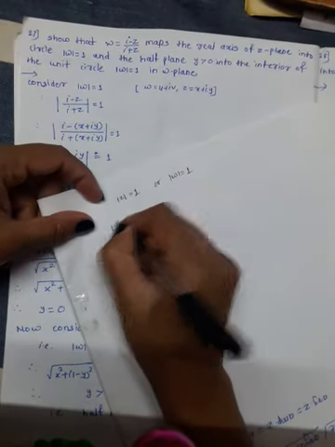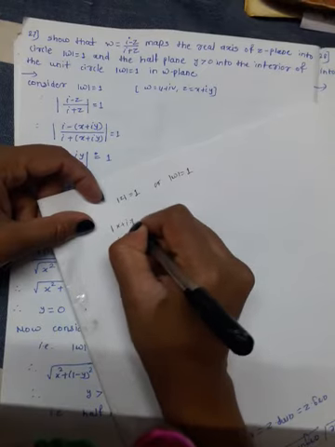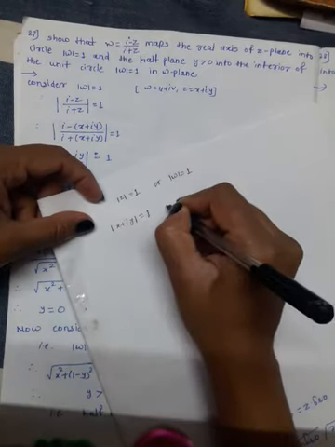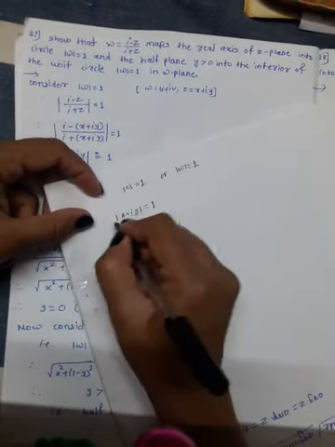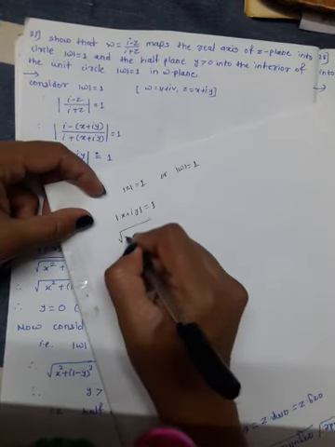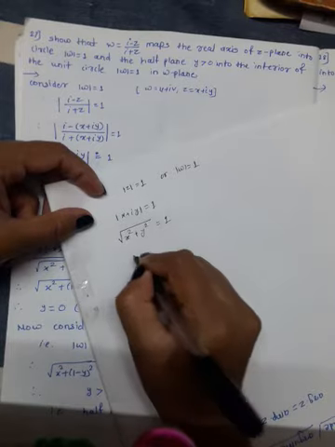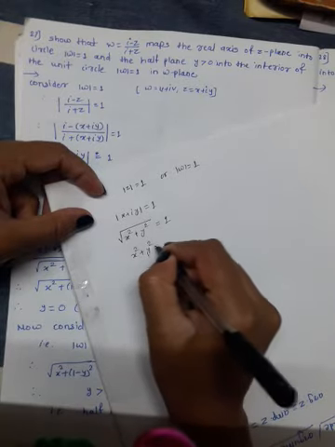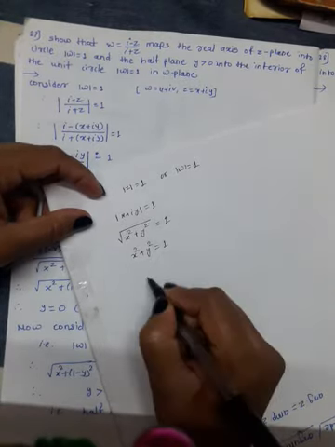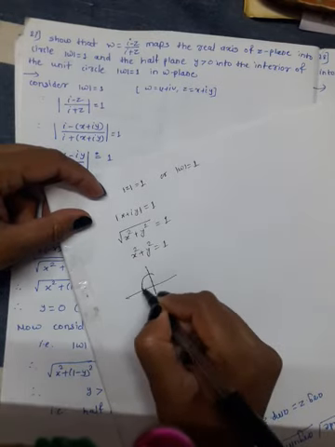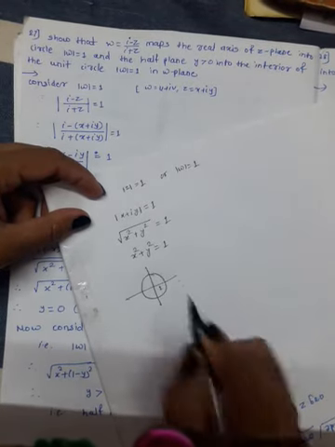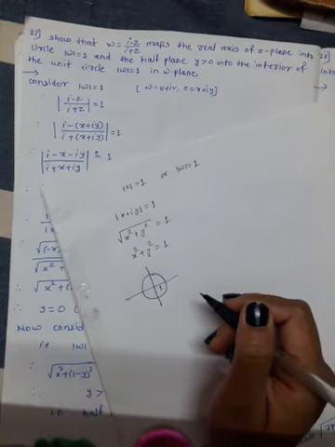How is that? z is equal to x plus iy, mod is equal to 1. Now simplify this. The mod value is under root of real part square plus imaginary part square is equal to 1. Squaring both sides we get x square plus y square is equal to 1. This is a circle with center 0, 0 and radius 1, right?